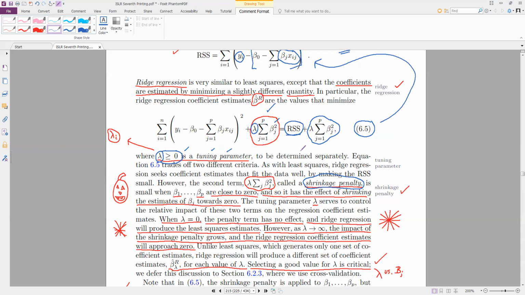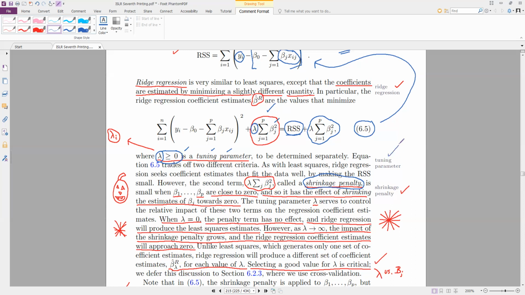So if you look at this particular setup here, you'll see that you're going to get weights from your regression, but you have some control over this tuning parameter. This tuning parameter is going to be selected separate from the regression.